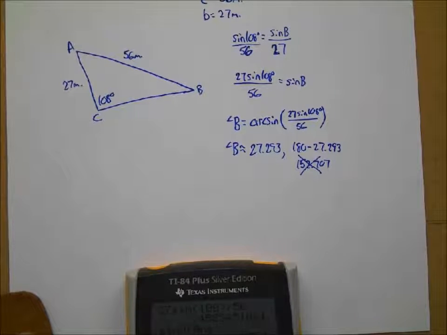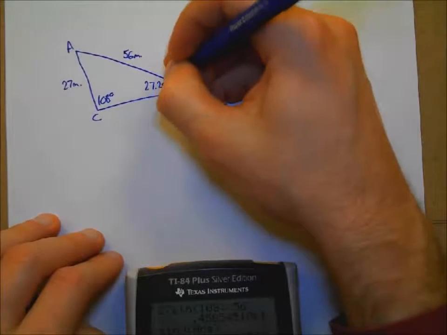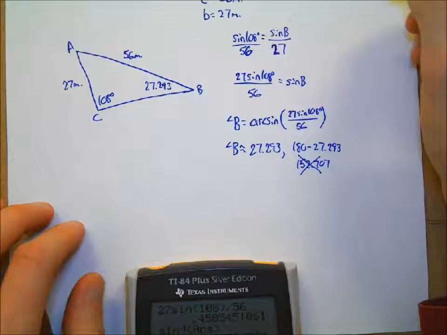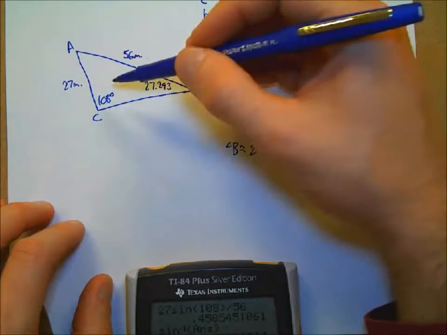So anyway, now that we know our angle is 27.293, solving from here is pretty straightforward, right? We could now subtract these two from 180 to get that missing angle, and then do sine of 108 over 56, and so on and so forth.